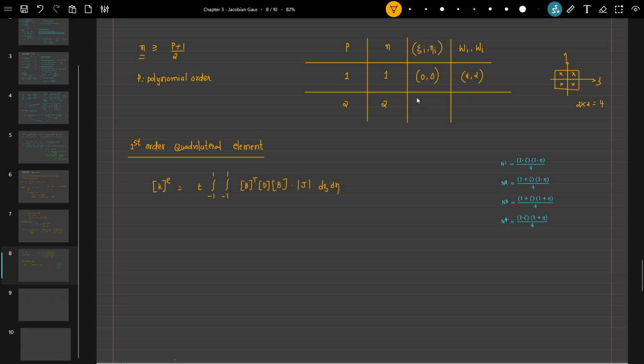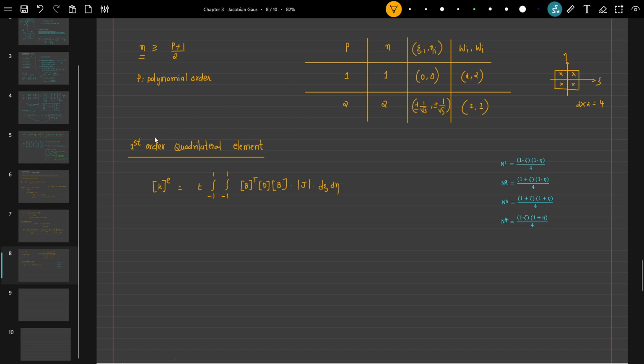As per Gauss quadrature rule, these 4 points have coordinates of plus or minus 1 by root 3, plus or minus. So these are four combinations of coordinates of zeta i, eta i, and the weighting factors are 1, 1 for all four integration points.